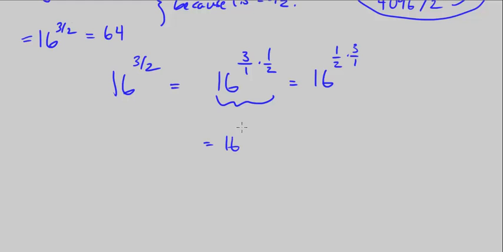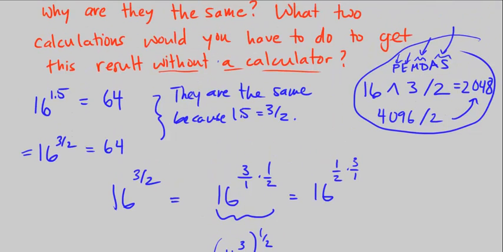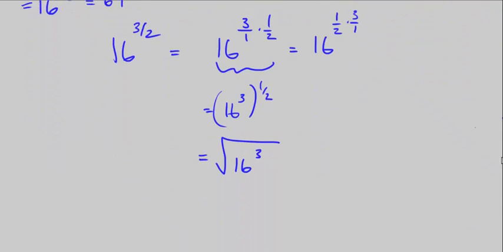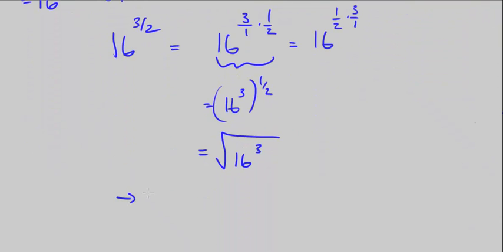Well, this tells us then, if we go just from this expression, this is the same thing as 16 to the power of 3 to the power of 1/2, right? And the power of 1/2 we know is square root, right? So the two things that we would need to do, the question asked, is what two calculations would you have to make? We have to go ahead and do 16 cubed, and then whatever we get, square root that, right?